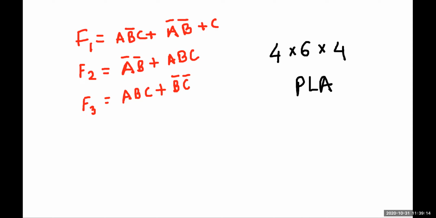What do I mean by that? Here 4 is the number of inputs, 6 is the number of AND gates, 4 is the number of outputs. You have to use it. You cannot ignore any one of them. But you can keep one input or one output empty. You can keep it empty, but you have to design it first.